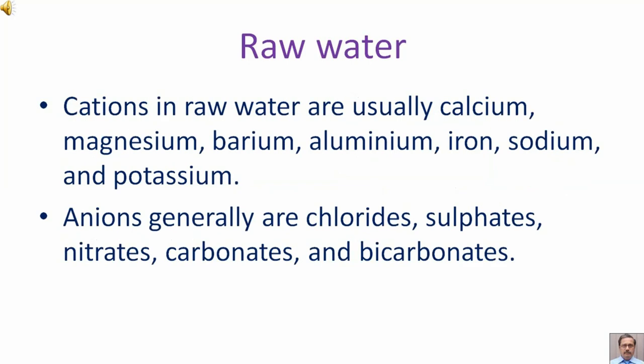Cations in raw water are usually calcium, magnesium, barium, aluminium, iron, sodium, and potassium. Anions generally are chlorides, sulfates, nitrates, carbonates, and bicarbonates.